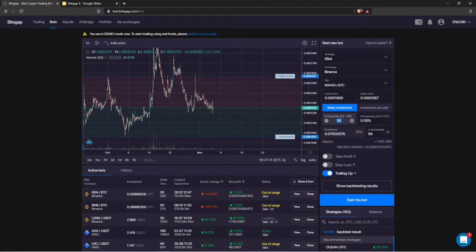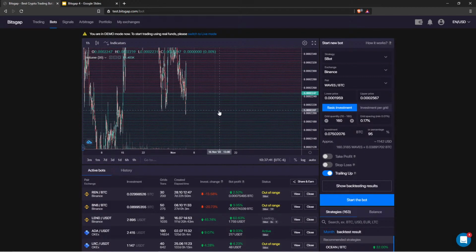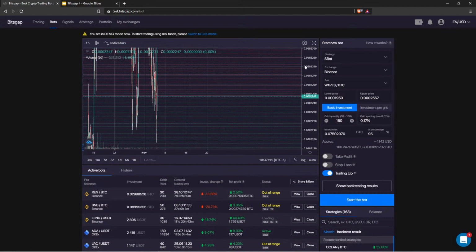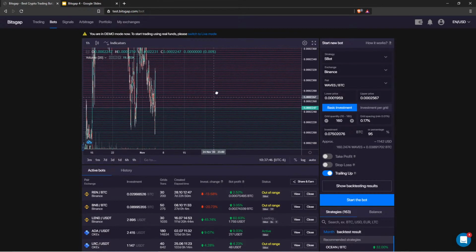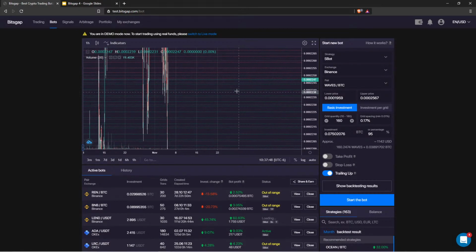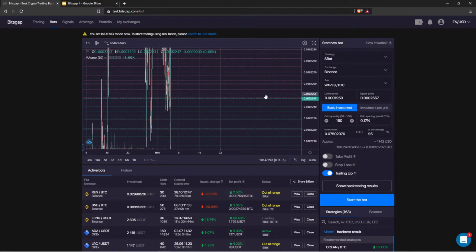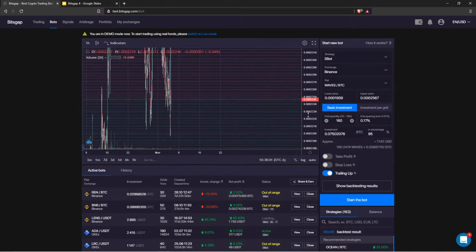Another thing to keep in mind is that the more grid levels you have, let's say 160, the more opportunities you provide for the bot to generate profits from the market, because you see the tighter orders are being placed, the more swings on the market the bot would be able to seize.